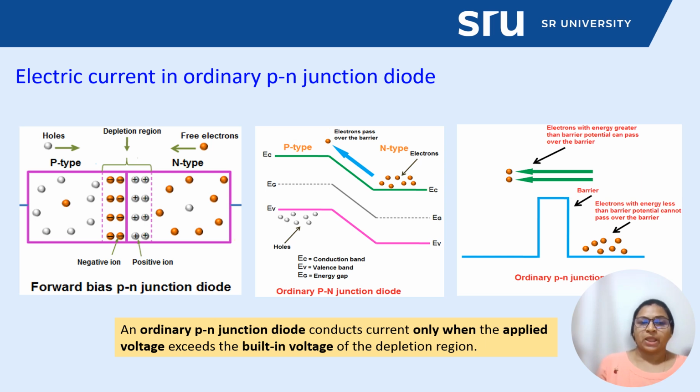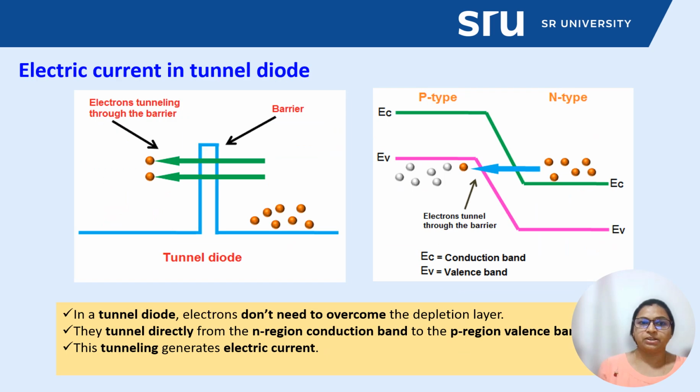So now let us move to electric current flow for the tunnel diode. In a tunnel diode, we know the valence and conduction band energy levels of the n-type semiconductor are lower than those of the p-type semiconductor. You can see here that EC stands for the conduction band of the N side, and this EC is the conduction band of the P side.